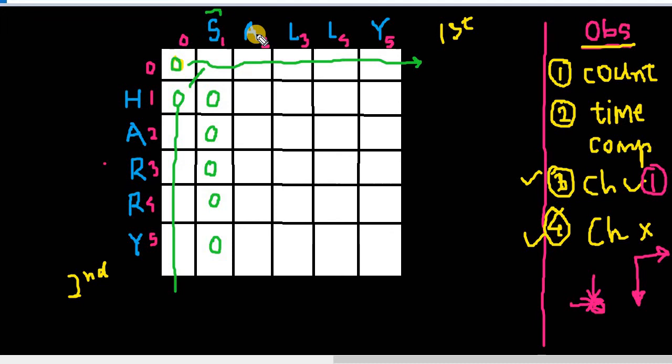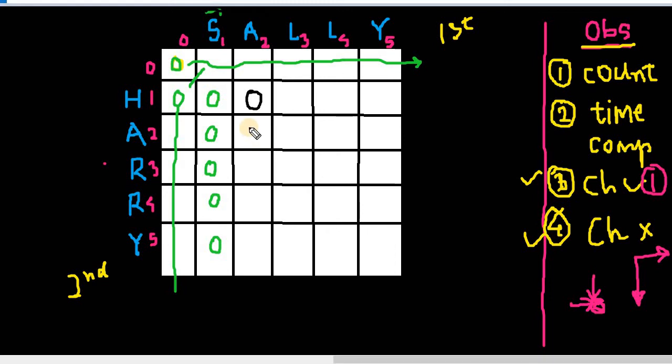After this we'll check A to H. A and H do not match, so we have seen that we'll inherit value from either the top or the side. So we'll check 0 and 0, so this will again be 0. We'll check A with A, so we know that if this particular value matches, we will increment 1 to the previous diagonal value.